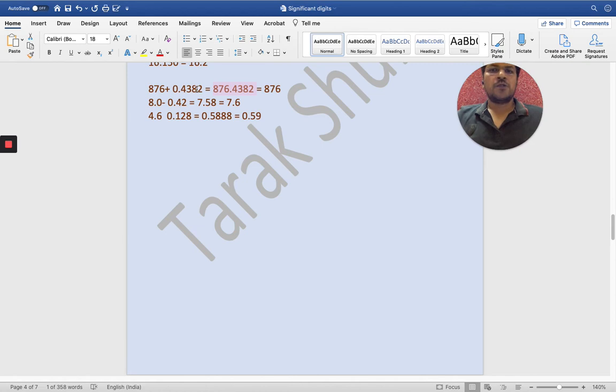So we can only reduce it to 3 digits because we are following the minimal number theory. Whichever number has the minimal digits, up to that point we round it off. In 876 the minimal number is 3.